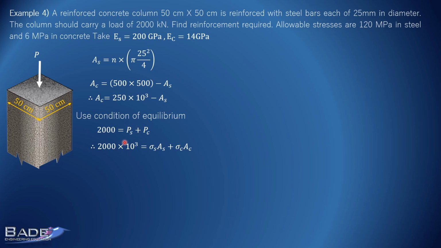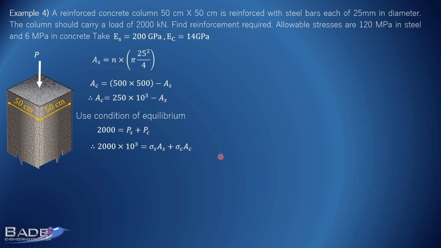So I have replaced PS by sigma S AS and PC by sigma C AC. Now in calculations, we use stress in Newton per millimeter square and cross-sectional area in millimeter squared. That is why the load must be in Newton. So I have written this statement again in terms of stresses.